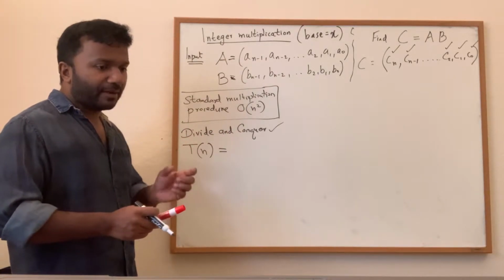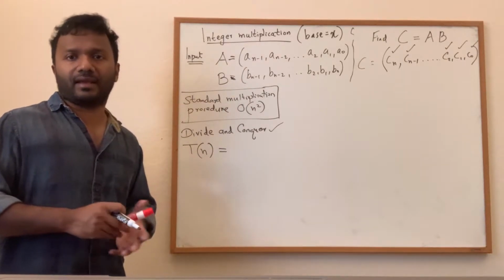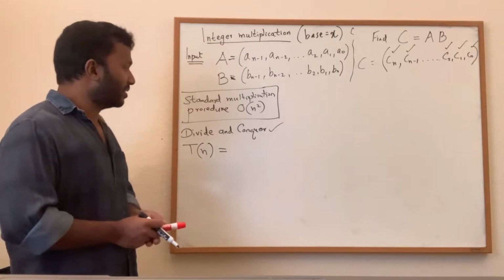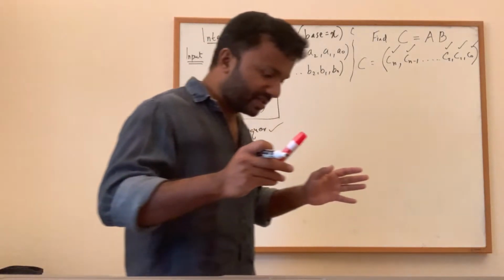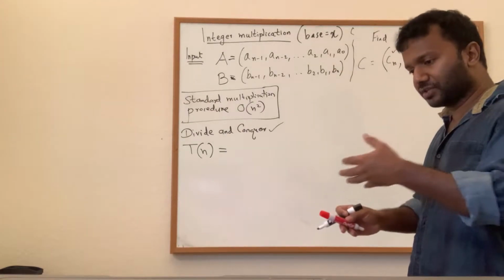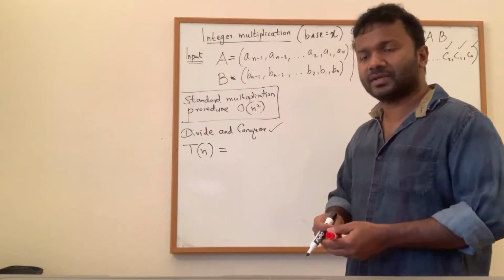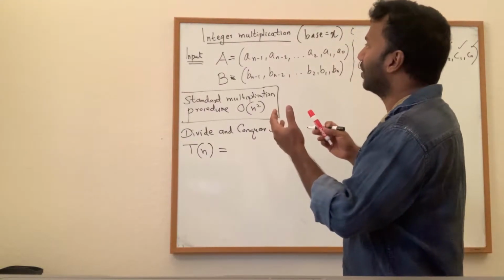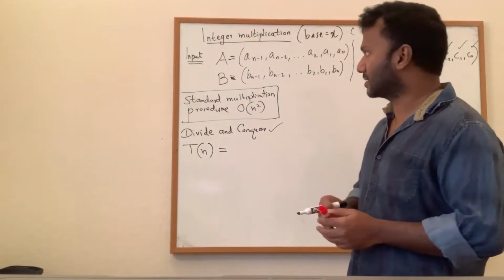However, the number of digits in those sub-problems should be lesser than n, and ideally we would like to have something like n over 2. So my first objective is, can I break down this integer multiplication problem between two n-digit numbers into sub-problems which are again integer multiplications, but on integers of smaller size.